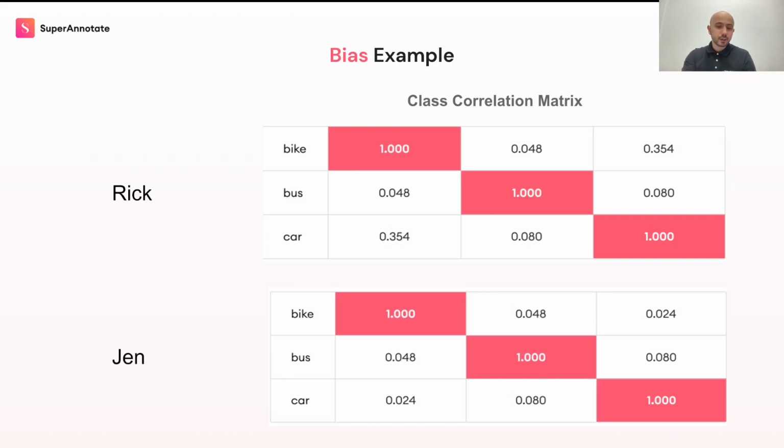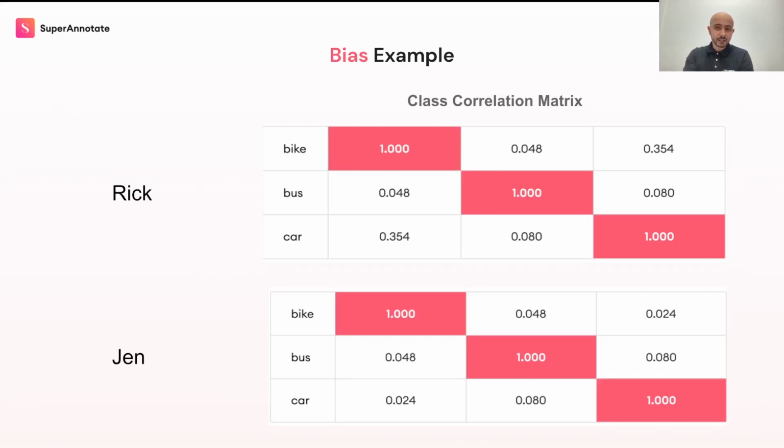But the same thing is not really relevant for Jen, who did the same annotations, but they found only 2% correlation between bikes and cars. This means that there is a really high bias in your dataset, and somehow we need to address those class correlation biases to be able to move forward.